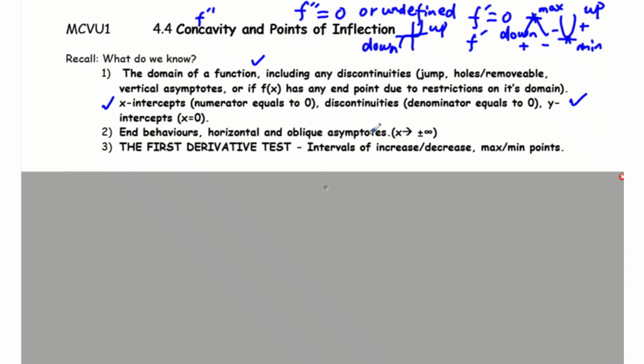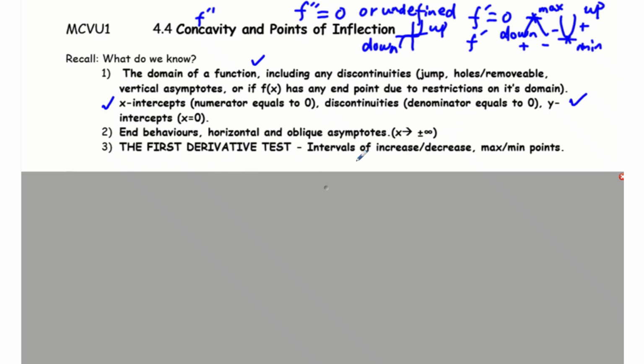Also we know how to find the vertical, horizontal, and oblique asymptotes. Horizontal and oblique are both talking about x approaching positive infinity or negative infinity. The vertical asymptotes are not end behavior. It's not x approaching infinity.